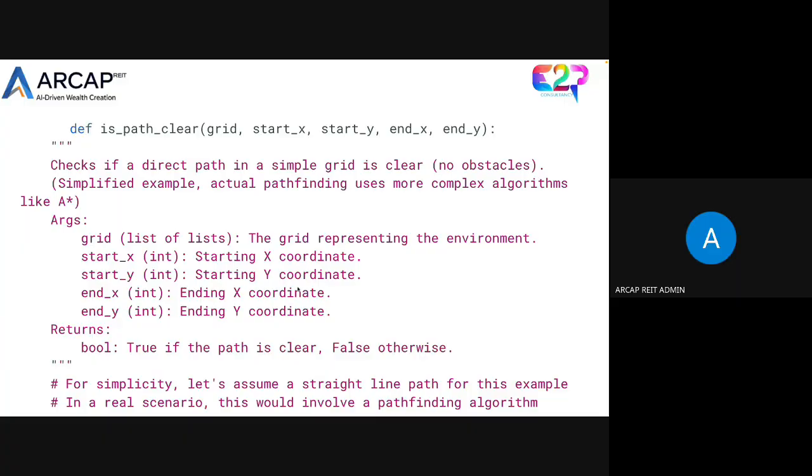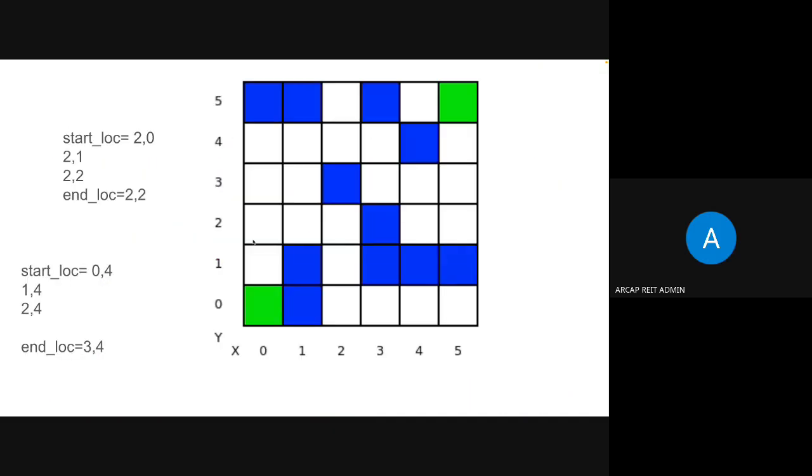So here we are writing a clear path function. The arguments we are taking are the grid, the starting point and the ending point. Say we want the starting location to be 2,0. Where is the 2,0? This is the 2,0: x value is 2 and y value is 0.